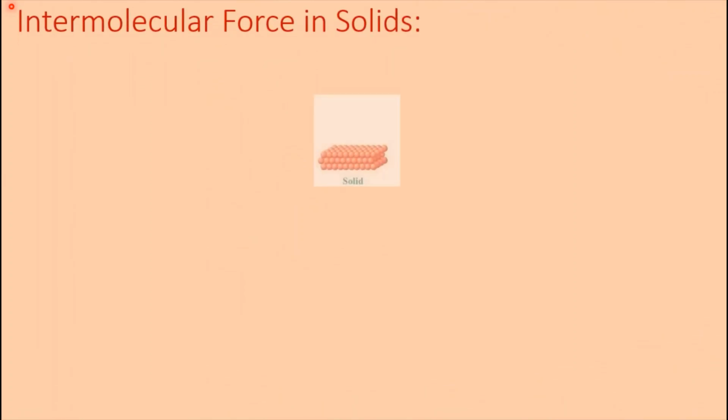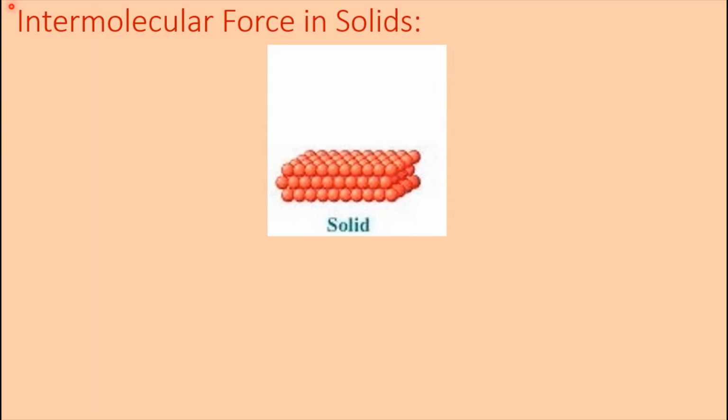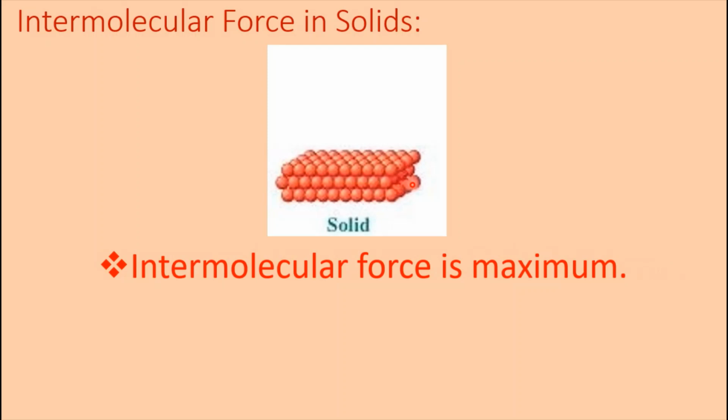Intermolecular force in solid. This is a solid body. Here the molecules of a solid body are shown. In case of solid, the intermolecular force is maximum. There is a very strong force.